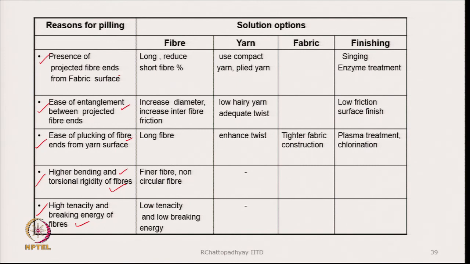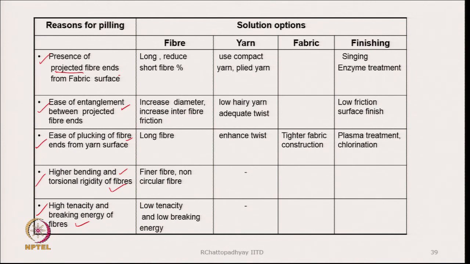So, solution options are given here, and one can write what are the various solution options, and then he or she can choose which option to be adopted in a given situation. So, projecting fibers are a source of entanglement. So, you have to see that this should be minimized.